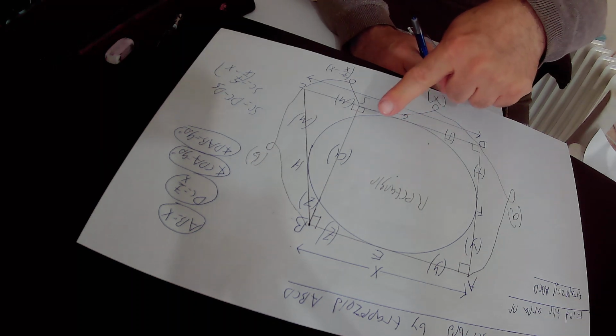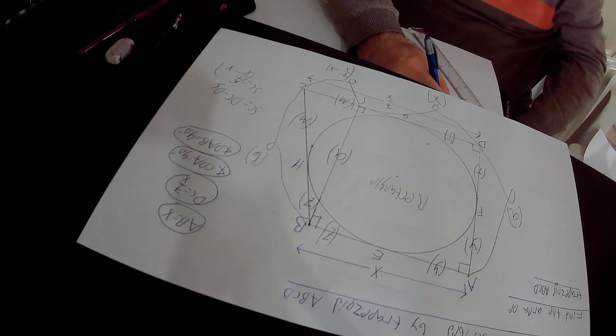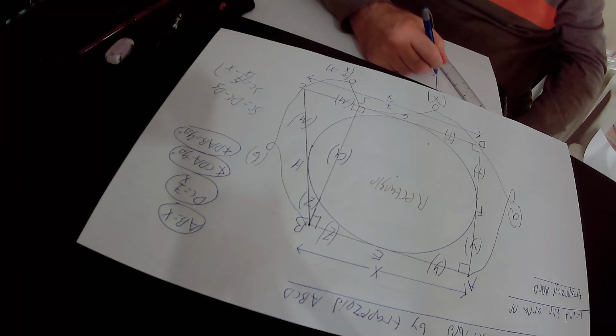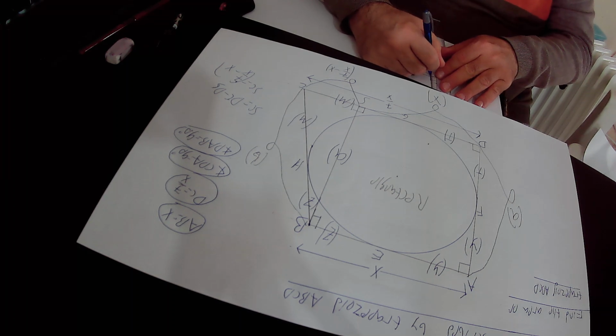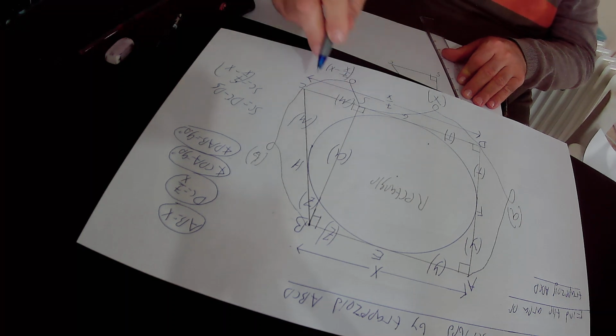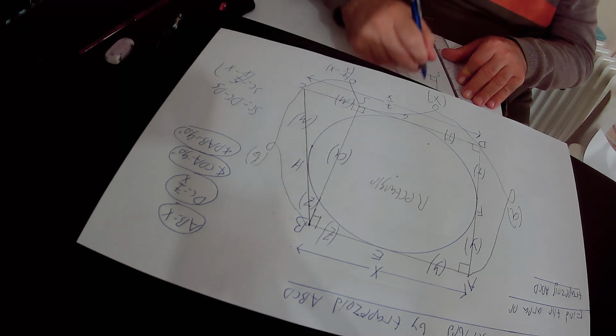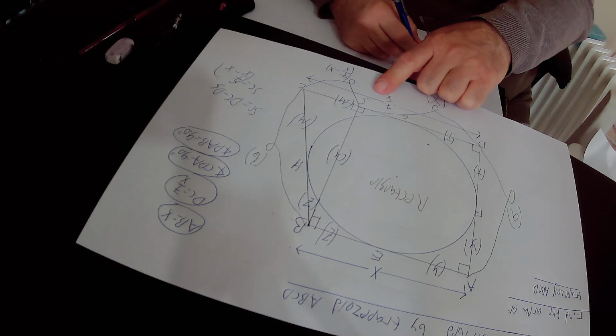Side BS equals A. The hypotenuse BC equals B, according to our definition, and finally we found out just right now that side SC equals 7 over x minus x.